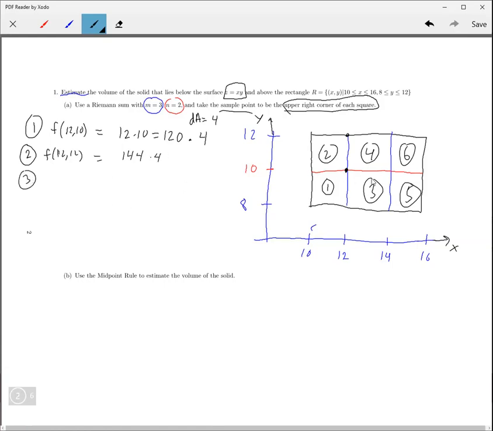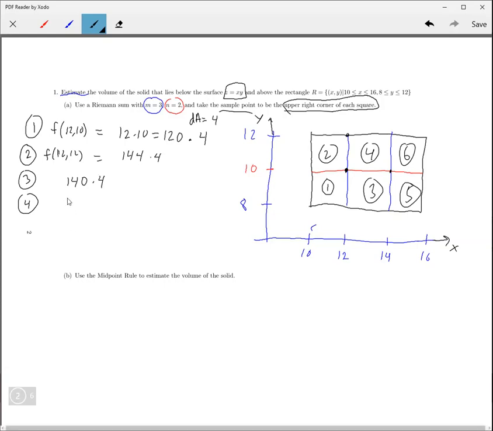The third one, 14, is right here. 10. So that's 140 times 4. And the fourth one, 14 times 12. Okay, I'm going to grab my calculator. 168.